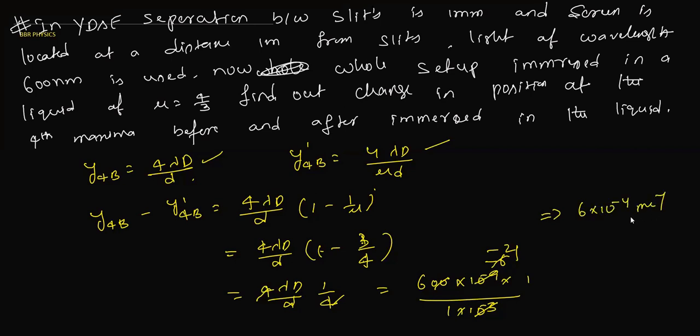Otherwise, if I multiply and divide by 10, we can write 0.6 into 10 raised to minus 3, which means 0.6 millimeter shift. This is the shift in the fourth bright fringe.